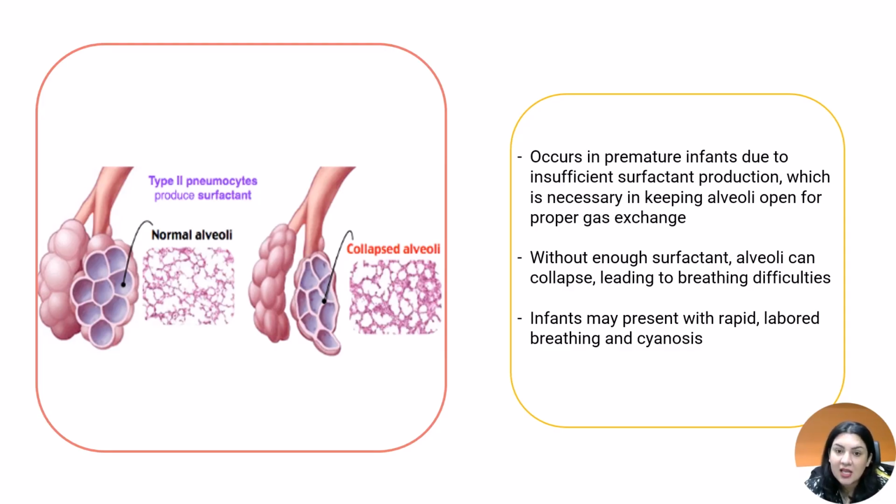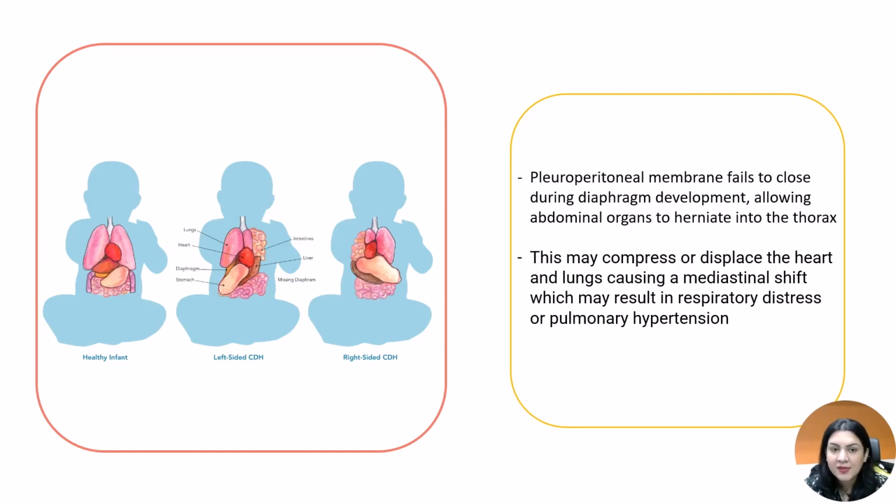Alternatively, if the baby is born prematurely, artificial surfactant can also be injected through their airway to reach the alveolar surface to make up for the naturally occurring surfactant, to again prevent this sort of respiratory distress. Next, we also have congenital diaphragmatic hernias.